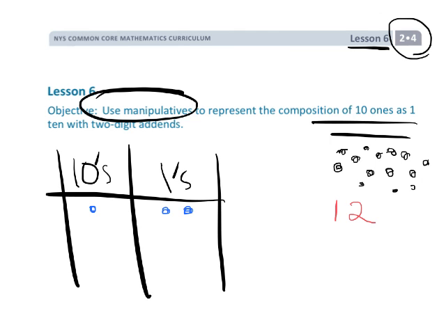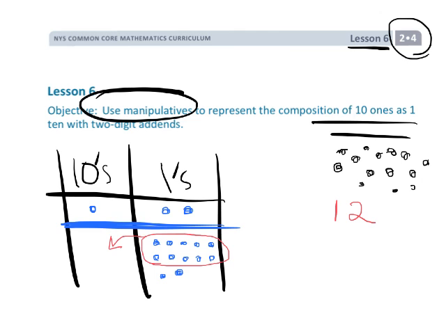However, before they get there, they might first put 12 dots in the ones column. And anytime you have 10, that equals 1 in the next column over. And that's where we get 1 ten plus two ones, all right?